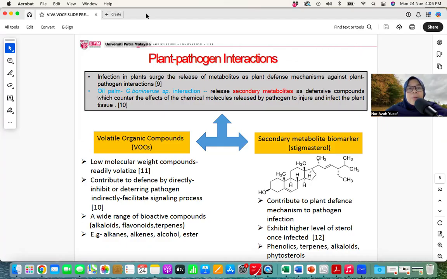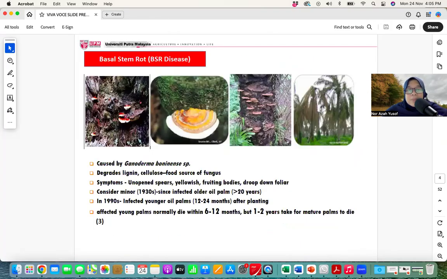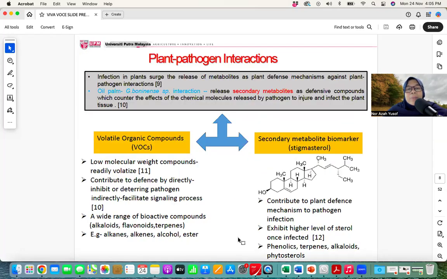If you look at the fruiting bodies, if it is at this stage, then the drooping foliage, it can no longer be saved. So our intention is to detect VOCs or secondary metabolites which become a marker for early detection.